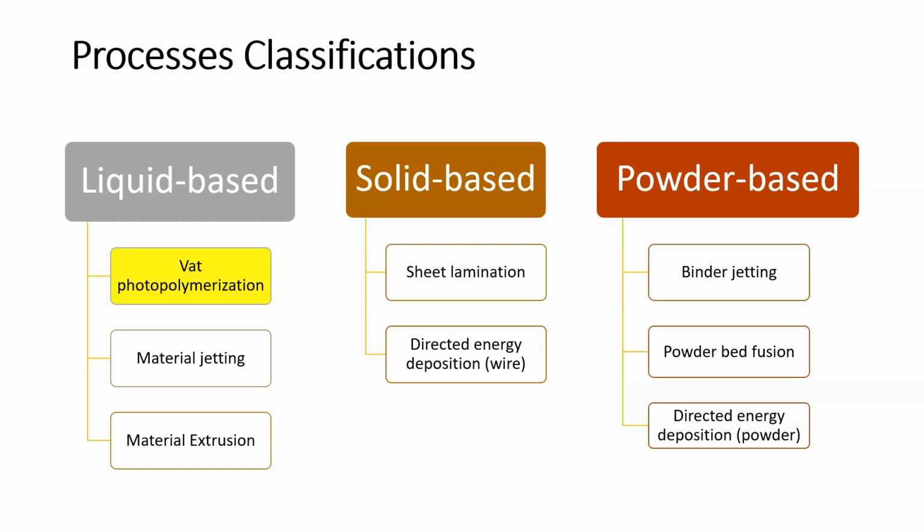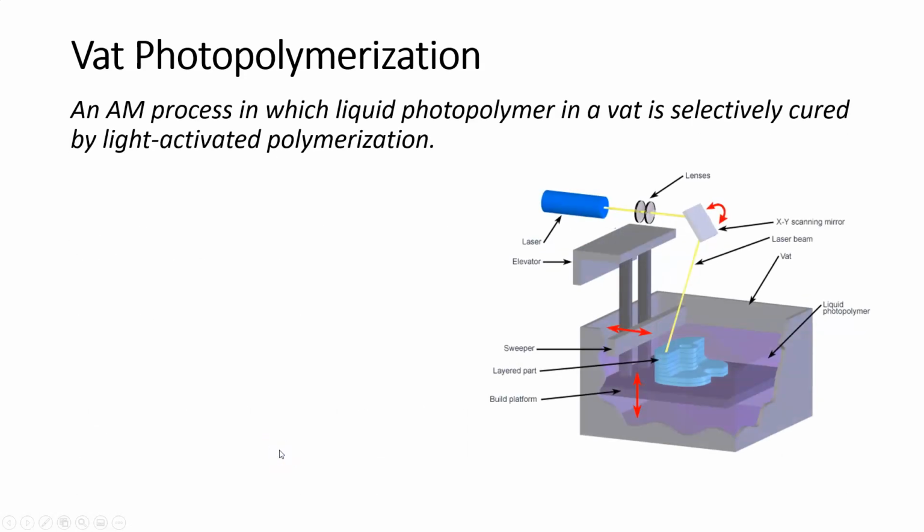And liquid-based has three different processes under it: vat photopolymerization, material jetting, and material extrusion. So we're going to be talking about vat photopolymerization today, and we'll hit the other processes and categories in subsequent lectures.